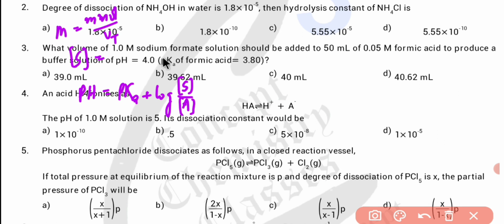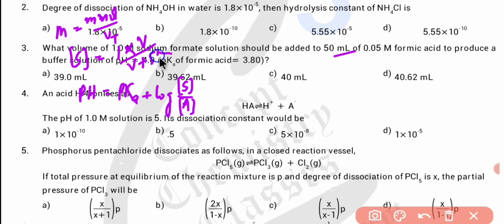The millimole of salt, sodium formate, whose molarity is given, is molarity into volume. So this is 1 molar, 1 into V, where V, the volume of 1 molar sodium formate solution to be added, is to be calculated. Divided by the total volume, this is V plus 50, since 50 ml of formic acid is added.